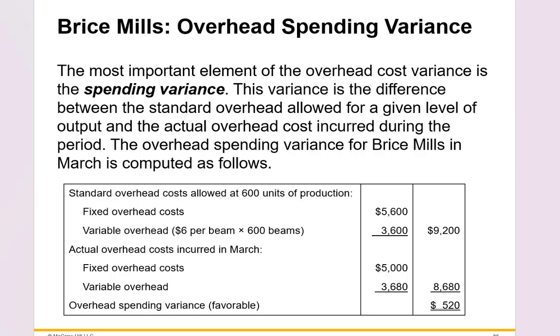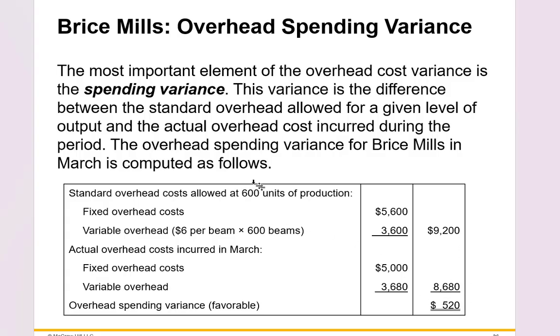We expected to spend $9,200 in our standard overhead cost, but we actually spent $8,680. And so we see that as an overhead spending variance. We spent less than we expected to spend on that.